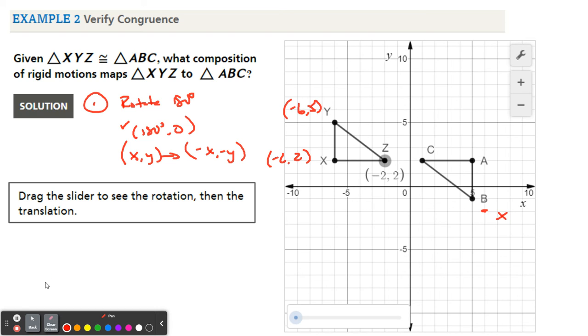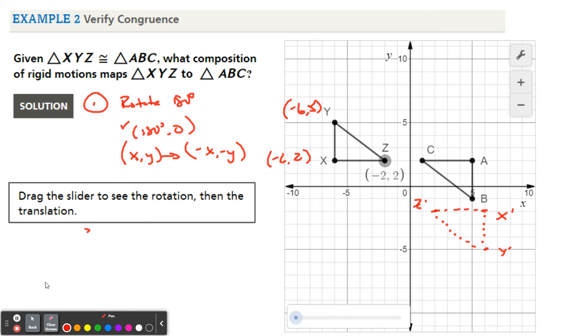So now it becomes 6, -5. I'll do Y'. Z is at -2, 2. Now it becomes 2, -2. And there's Z'. And you can see this figure is now oriented the same way. It looks the same as where ABC is. Sorry about this dotted line not being quite right.